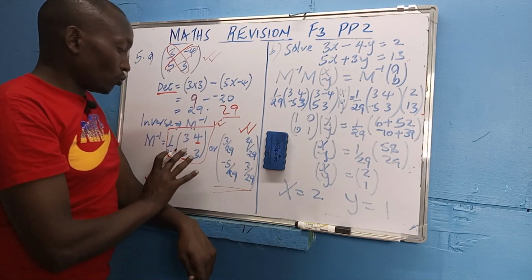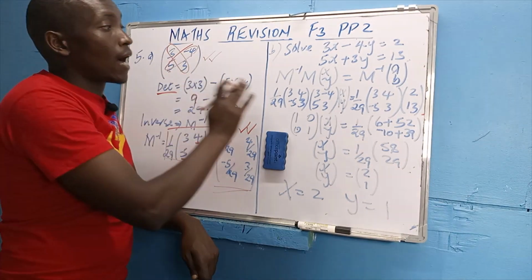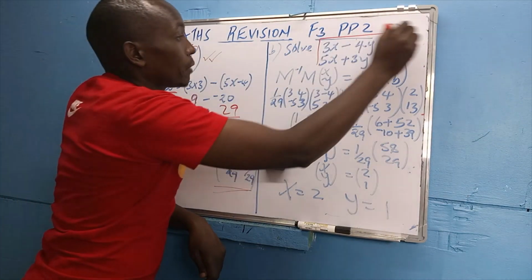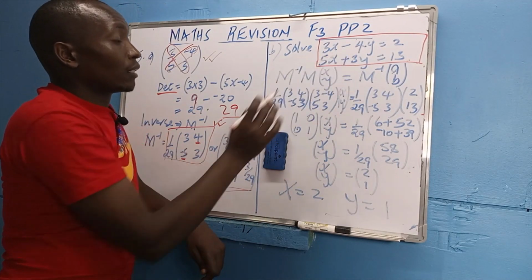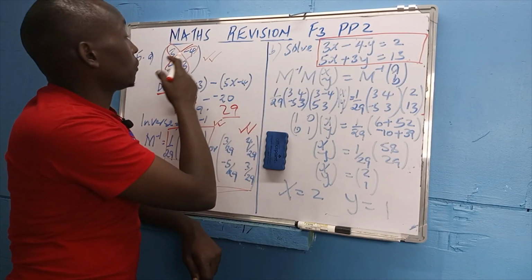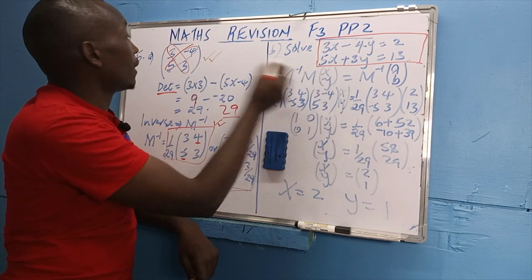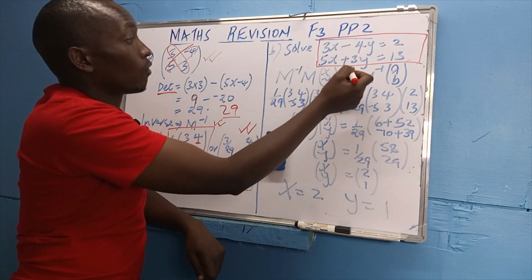Now, I'm supposed to use the inverse I have to solve for this pair of simultaneous equations. If you look at the two equations very well, they correspond to this matrix: 3, 5, 3, 5, negative 4, 3.